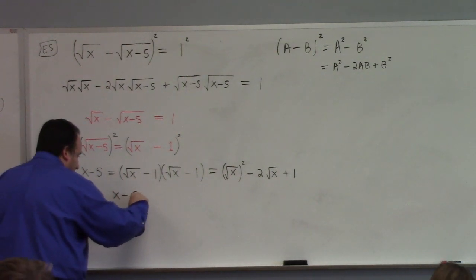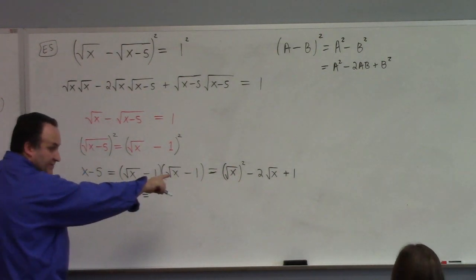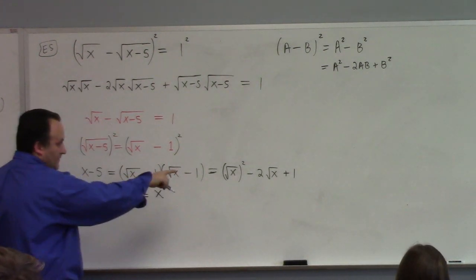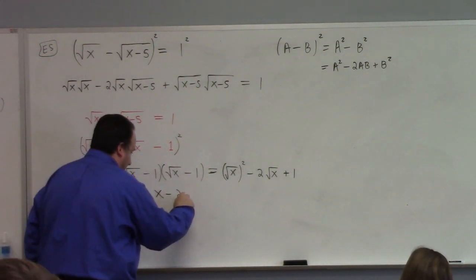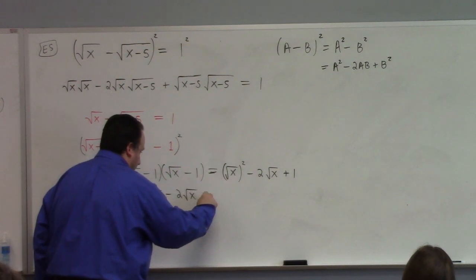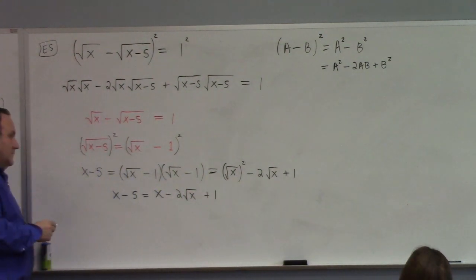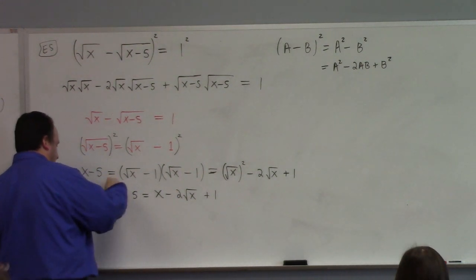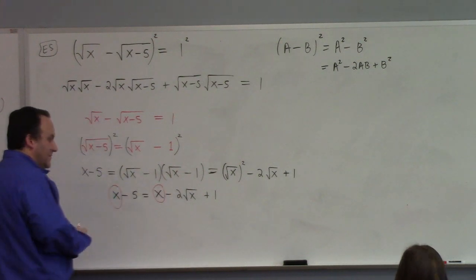x minus 5 equal to what? Square root of x squared is just what? x. So we've got x, and then minus 2 times the square root of x. Okay, great. Plus 1. Ooh, look at that. This doesn't always happen, but in this one, you see how that and that are the same?